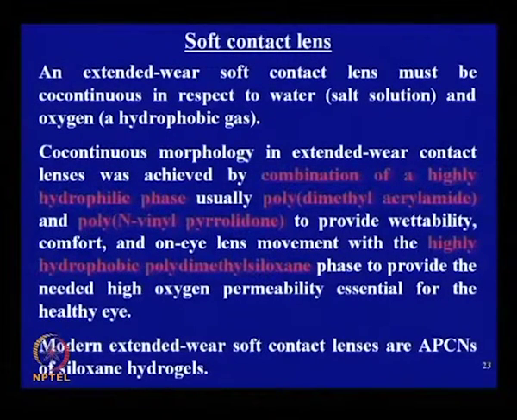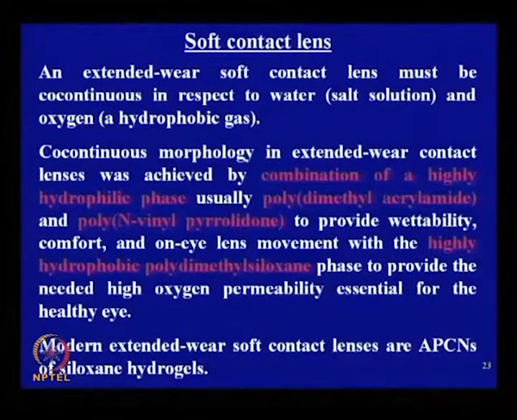Now, if it is purely highly hydrophilic, then there will be again some interaction between the native tissue and the lens, but if it is a little bit hydrophobic also, then lens movement can be made easier. So, lens movement with the highly hydrophobic polydimethyl siloxane.